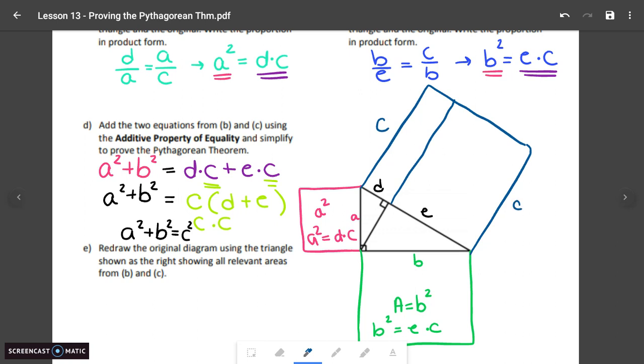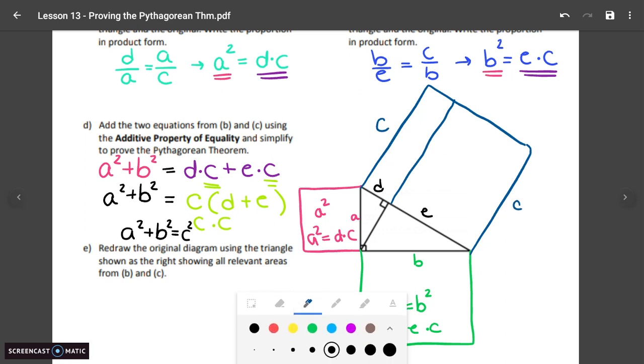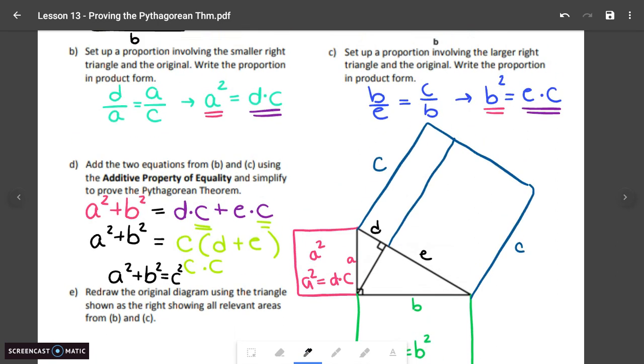The whole thing's a length of c. But rectangles have opposite sides that are congruent. So this piece is c, and this is d here, and this is e here. This area here would be equal to e times c, which we know is equal to b squared. And this area here would be equal to d times c, which we saw was equal to a squared.